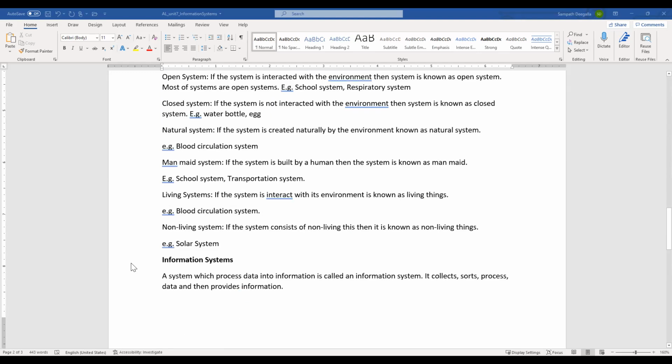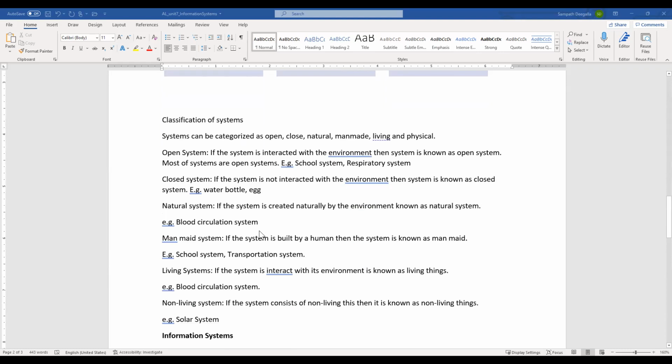Then the last classification, living and non-living systems.